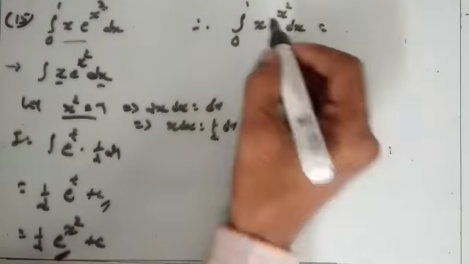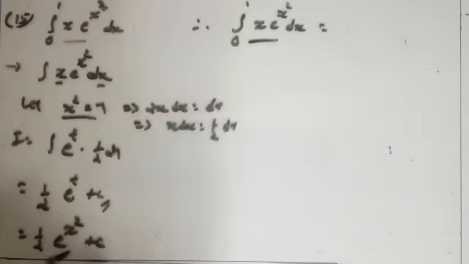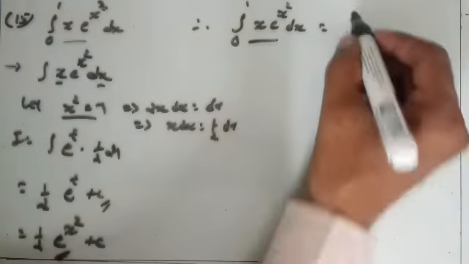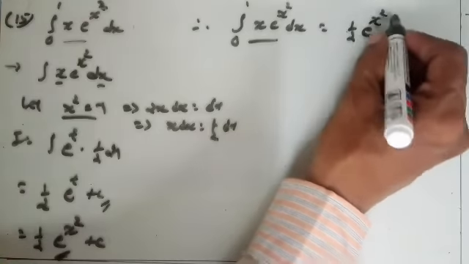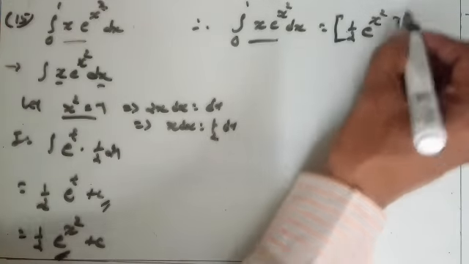Now the integration of this is equal to 1 by 2 e raised to x square, and apply the limit 0 to 1.